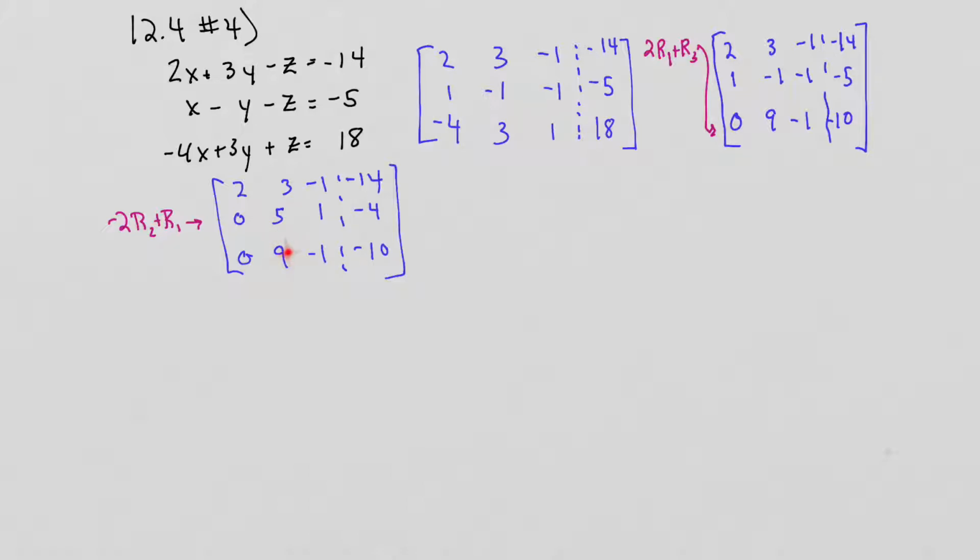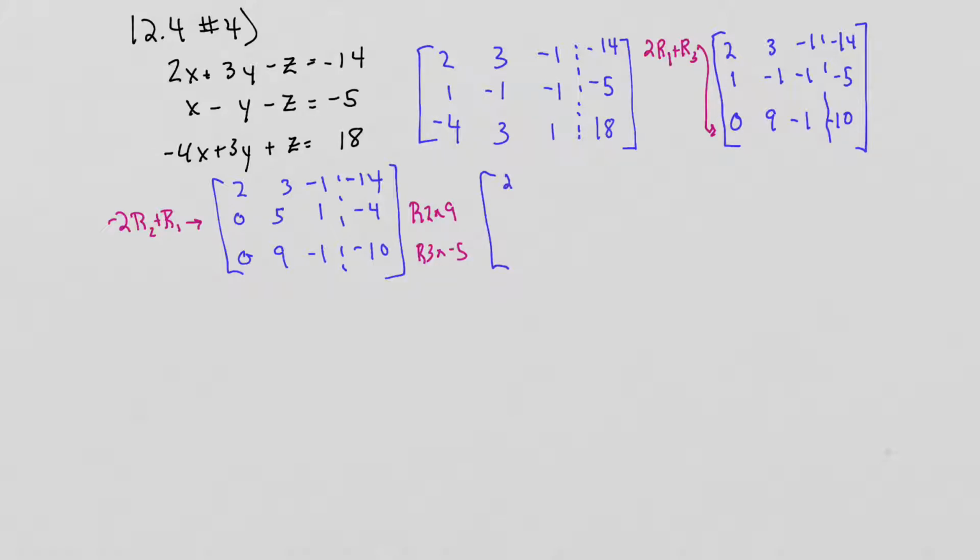So I think I'll go ahead and multiply row 2 by 9 and row 3 by -5. And then I'll have the same numbers here with opposite signs. So row 2 times 9, row 3 times -5.